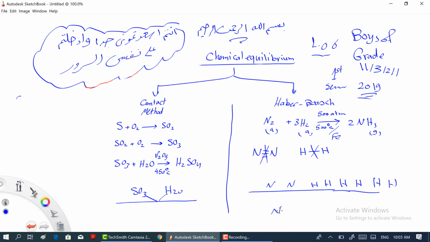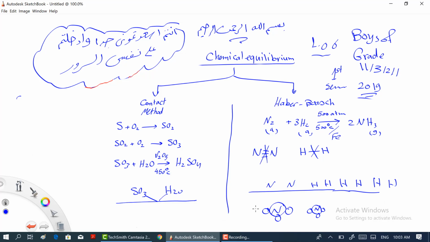Then each nitrogen atom is surrounded by 3 hydrogen atoms over the surface of the catalyst, and another nitrogen atom is surrounded by 3 hydrogen atoms over the surface of the catalyst. This is the adsorption process. It means the catalyst represents a surface that makes the reactants able to react.